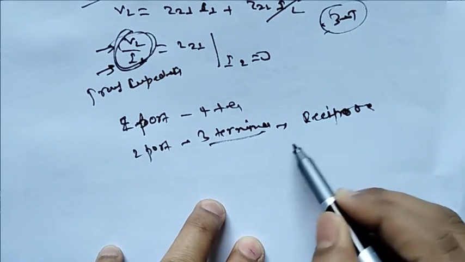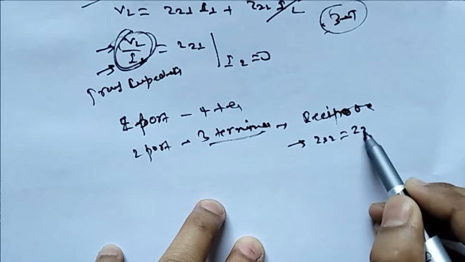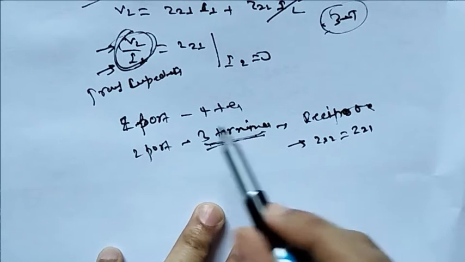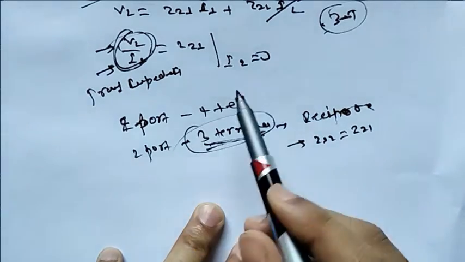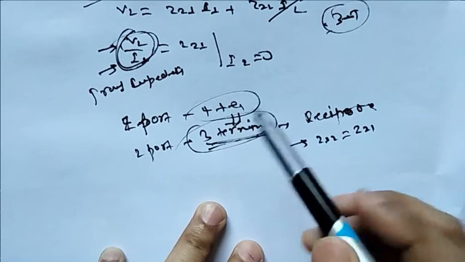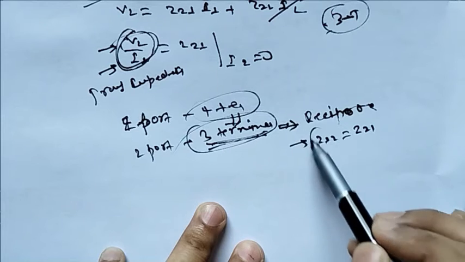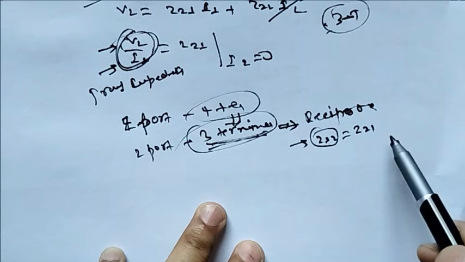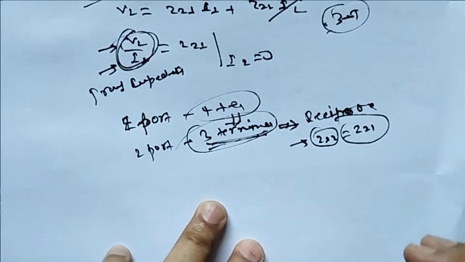Reciprocal means Z12 equals Z21, so a network can be a 2 port with 3 terminals, or a 2 port with 4 terminals. But if it has 3 terminals, it means that it is reciprocal, having Z12 equal to Z21.